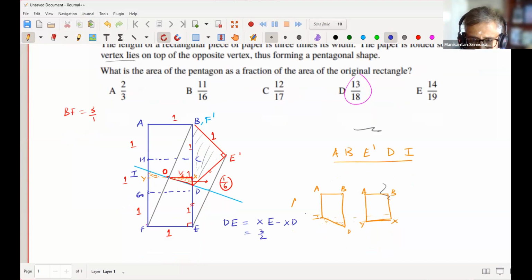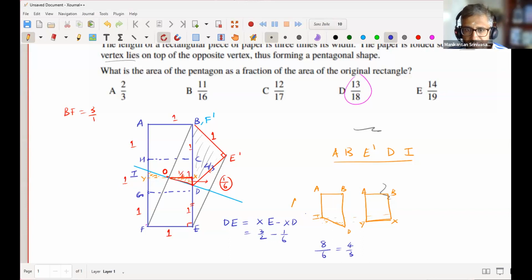Right? So DE is, I hope this is right. Let's see. How much is this, guys? 9/6 minus 1/6, which is 8/6, which is 4/3. So DE is 4/3. We just arrived, which is the same as DE dash also.